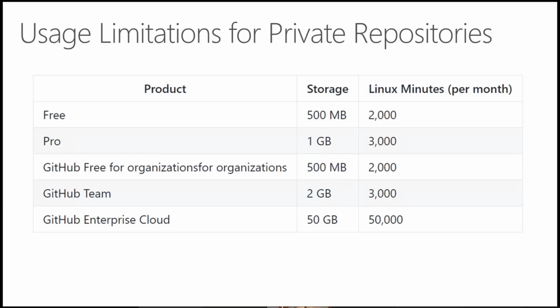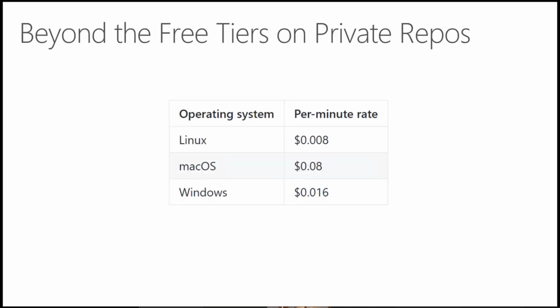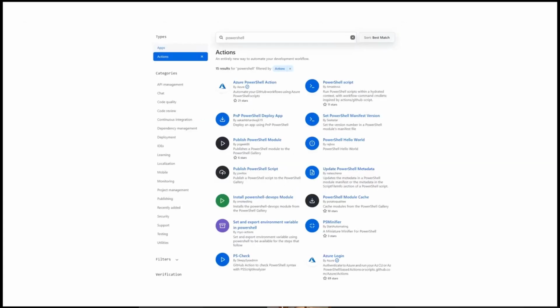So if you have a pro account, which I think is like $6 a month, I could be wrong on that, you get 1 gig of storage and then 3,000 Linux minutes. And again, this is just for private repositories. If all your stuff is public, then you don't even have to worry about any of this. If you go beyond that free tier, it's going to cost a super minimal amount for Linux per minute. macOS is a whopping 8 cents a minute, and then Windows is less than that. Again, only for the private repos.